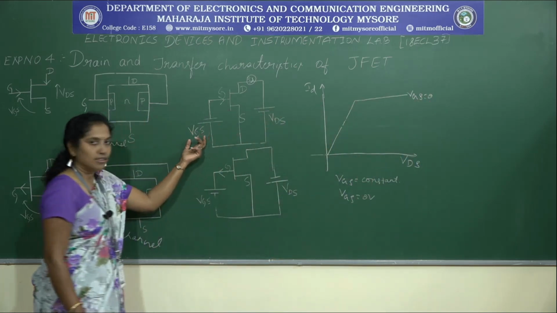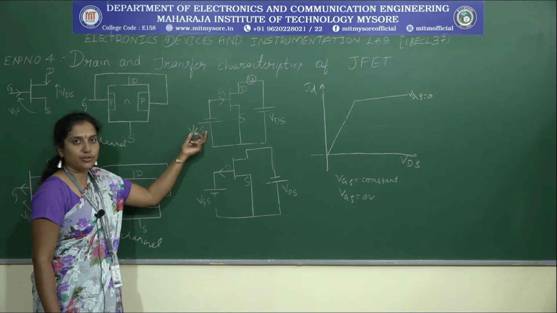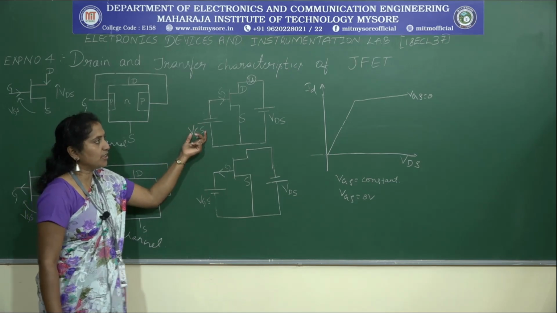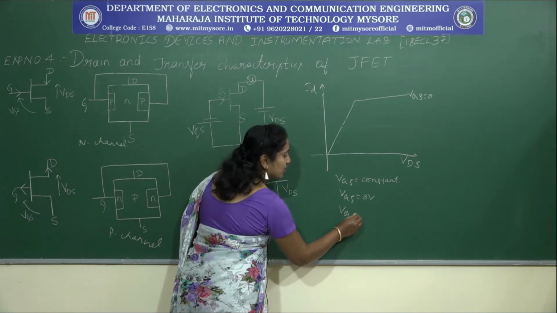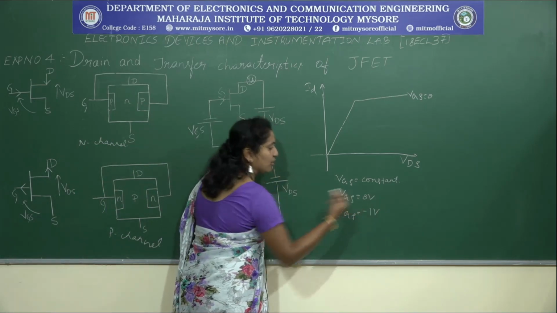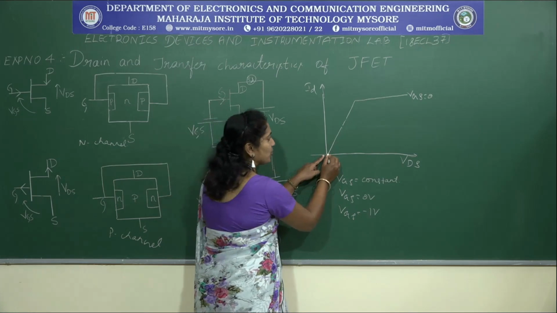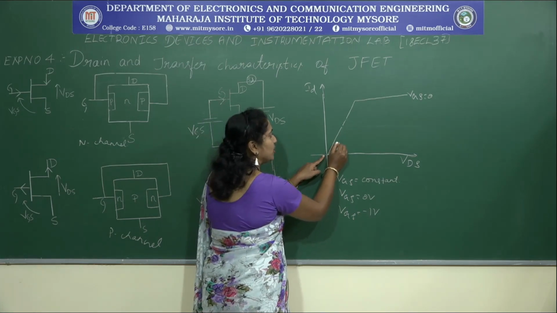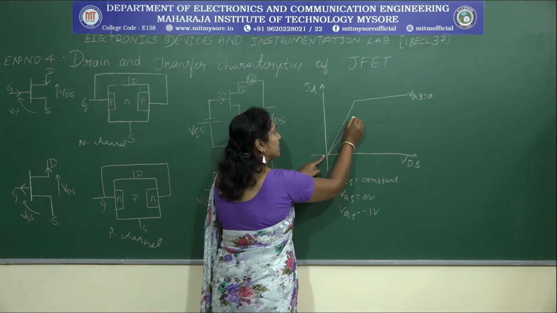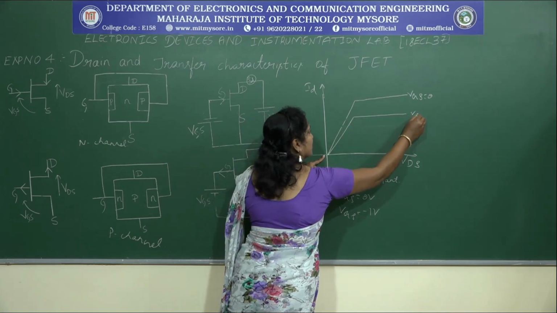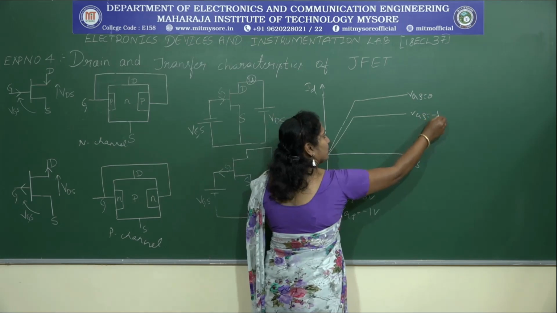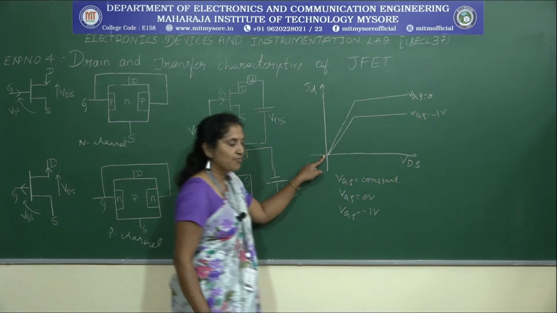Now this is the reverse bias and you apply a negative voltage. VGS is equal to minus 1 volt now. When you go to minus 1 volt, the drain current decreases a little bit and then becomes constant. So, this is VGS equal to minus 1 volt.